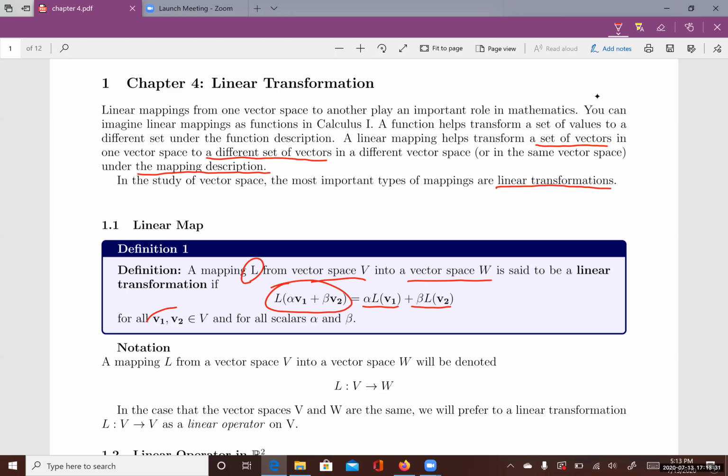Again, v1 and v2 are vectors in V, and scalars alpha and beta are constants in R.